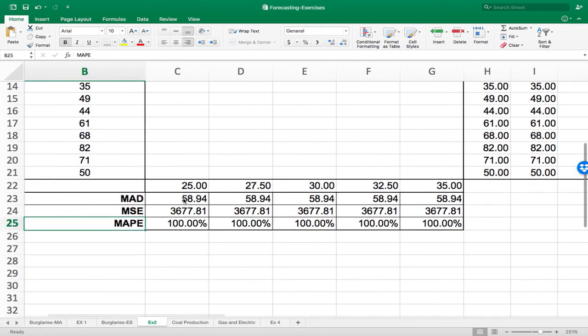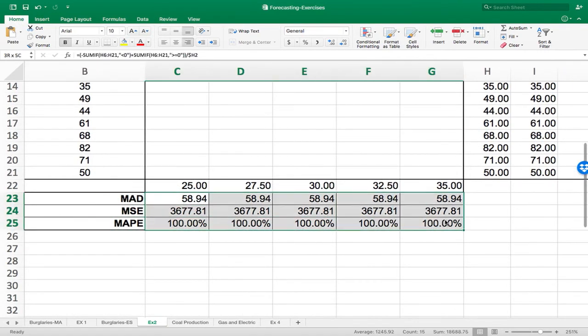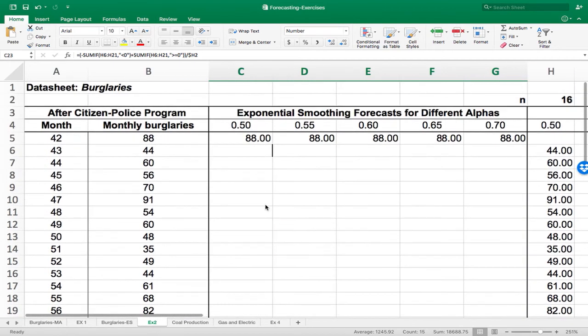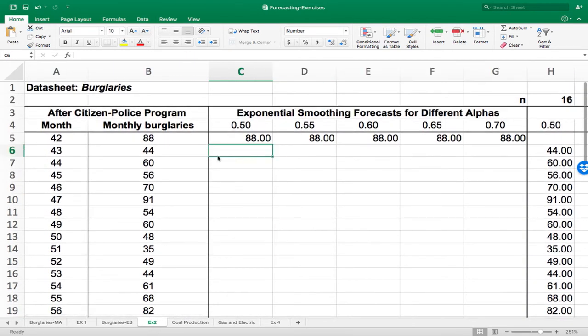Okay, these are just specifically designed for it, not different than what you did before for moving averages. So that's why I gave them to you. All you have to do is to figure out how to write the forecasting functions incrementally for alpha equal to 0.5 all the way up to 0.70 in the increments of 0.05.